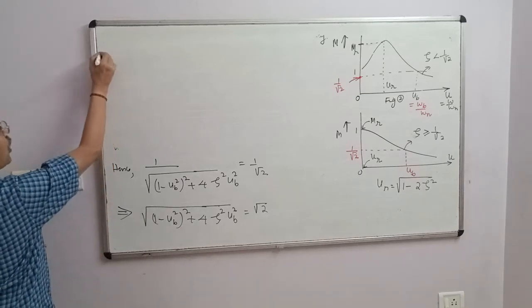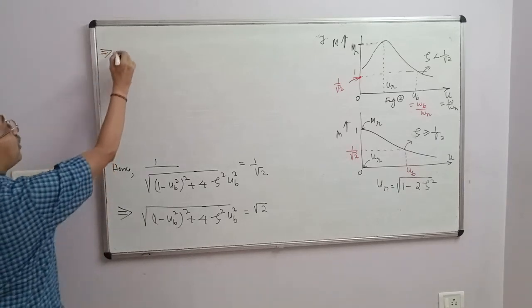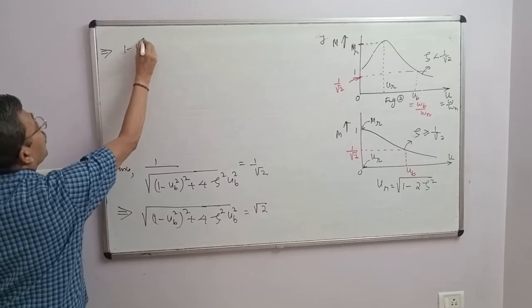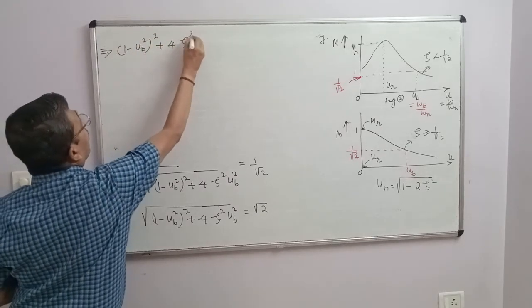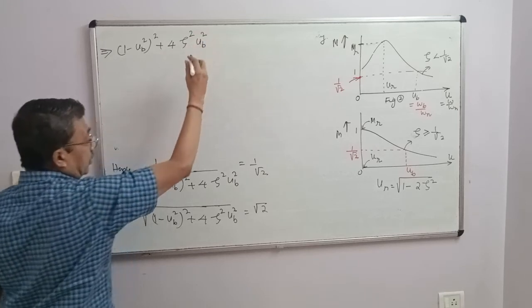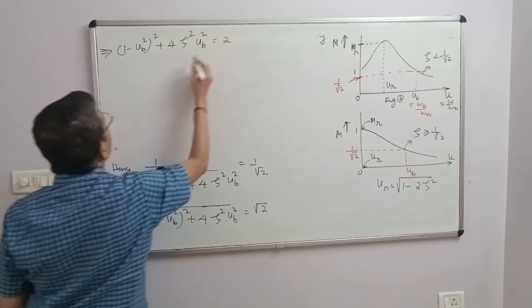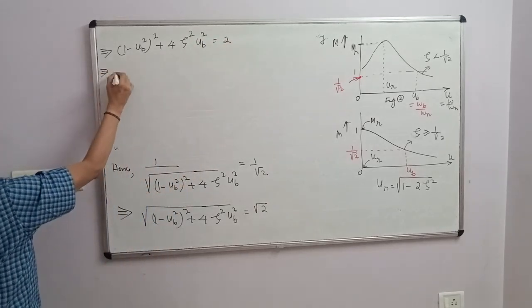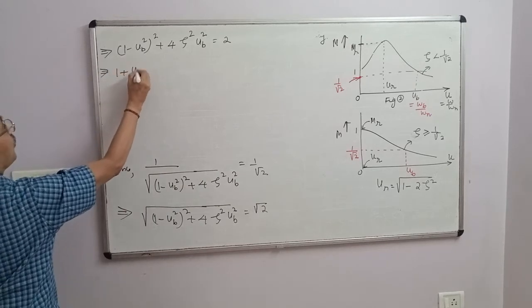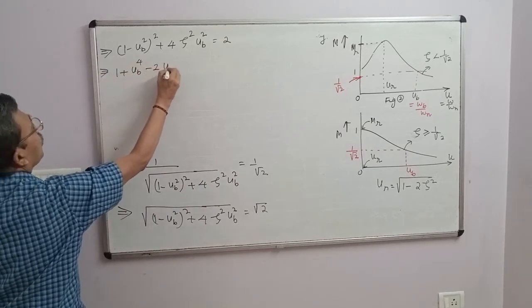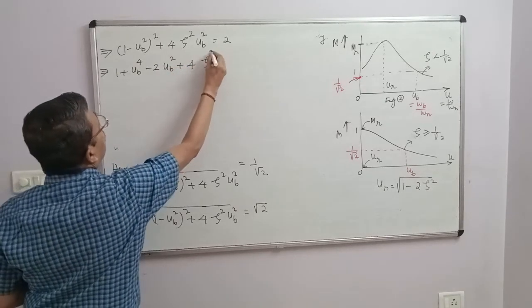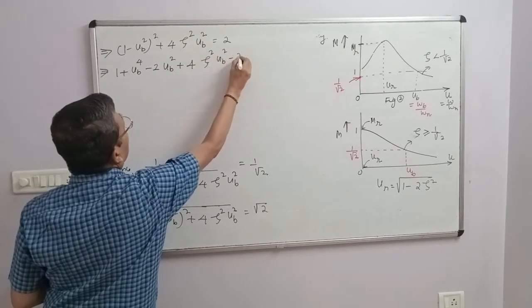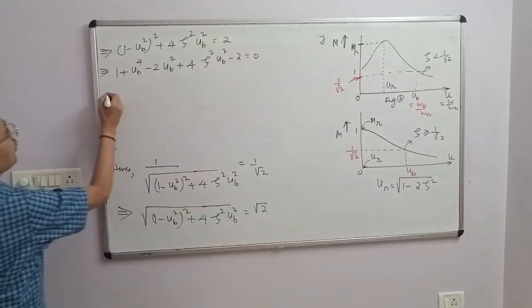Squaring both sides, we get (1 minus ub square) whole square plus 4 times zeta square ub square is equal to 2. This is 1 plus ub to the power 4 minus 2 times ub square plus 4 times zeta square ub square minus 2 equal to 0.